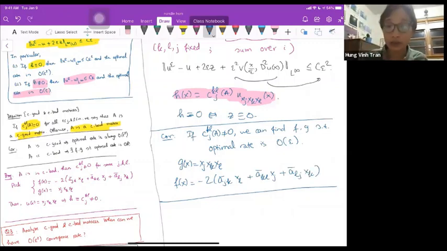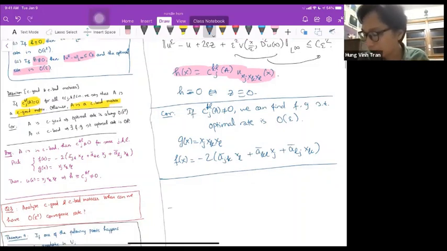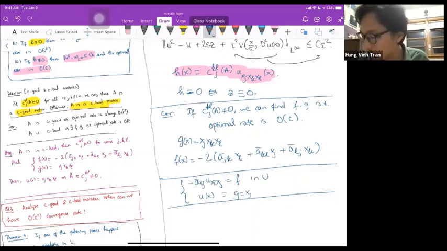So if I choose it like that, then when you look at the homogenized limit, you have minus A bar_IJ U_XI XJ equals F in U, and you have U_X equals G, which is x_j x_k x_l, on the boundary.